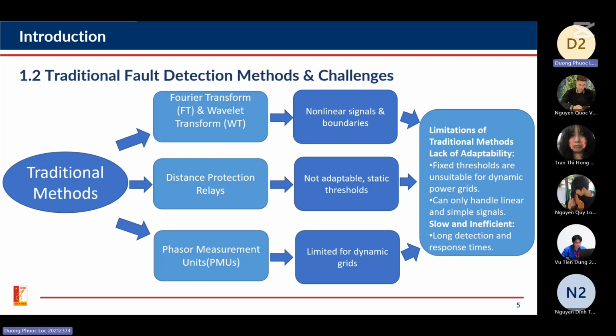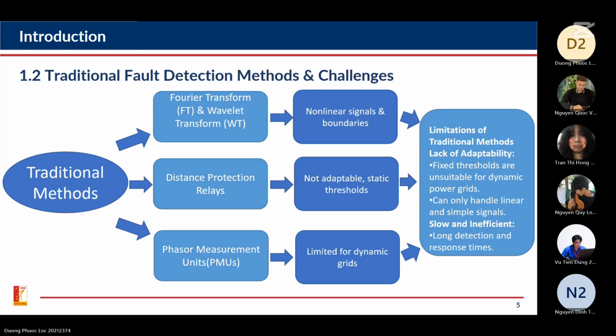Here we have three traditional methods. As you can see, here is Fourier transform and wavelet transform. We have distance protection relay, and we have phasor measurement units.